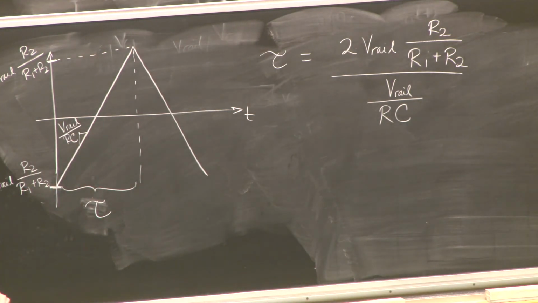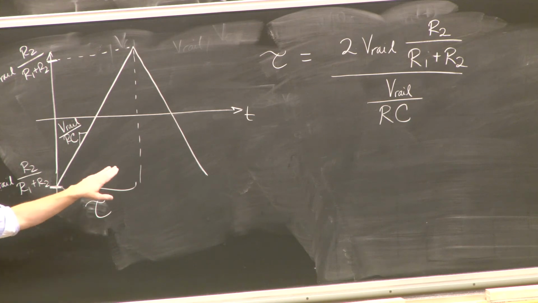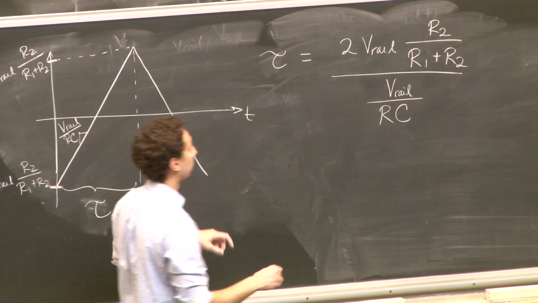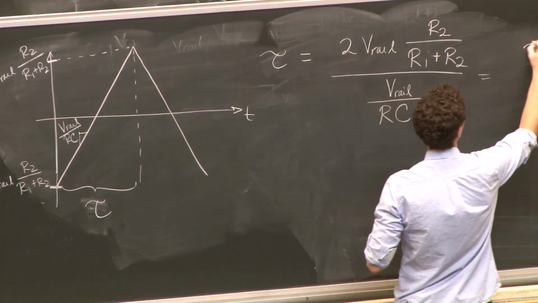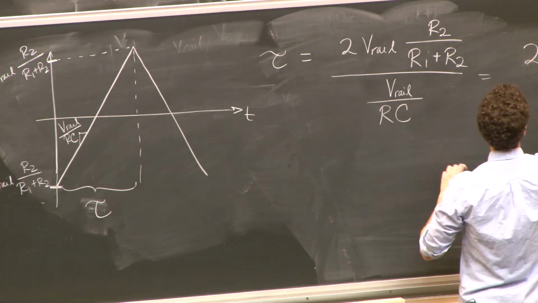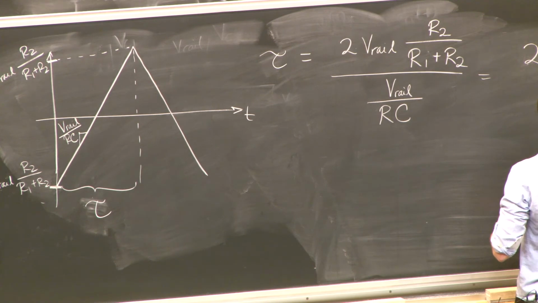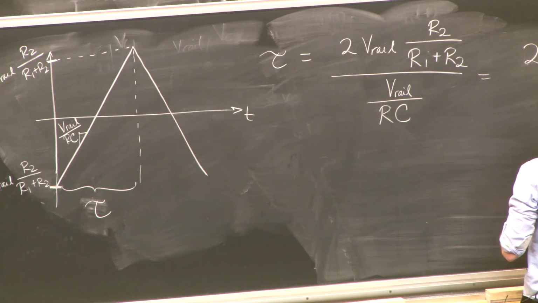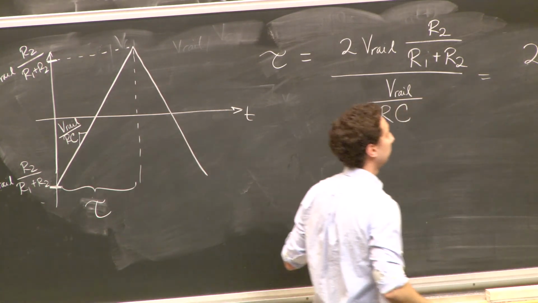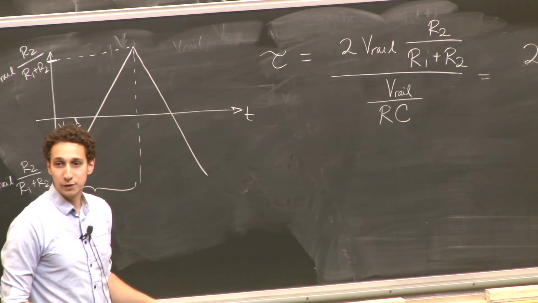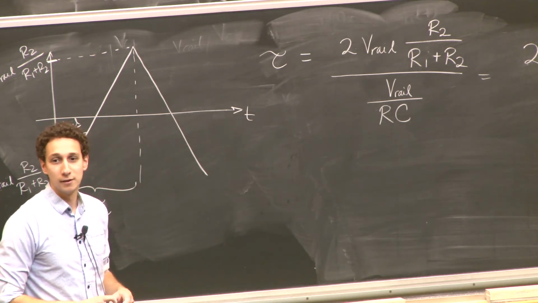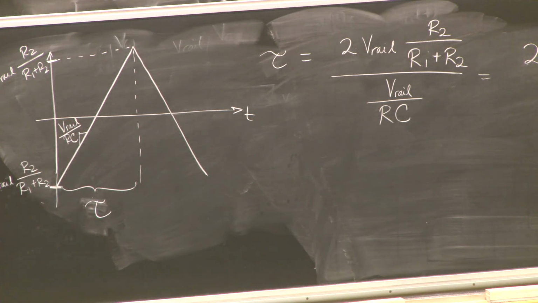Okay? Now just a real quick note here. What do you guys notice about the units of this expression? Let me cancel out Vrail, so we end up with 2 times RC times R2 over R1 plus R2. What are the units of this expression? So the resistance cancels out in R2 over R1 plus R2.